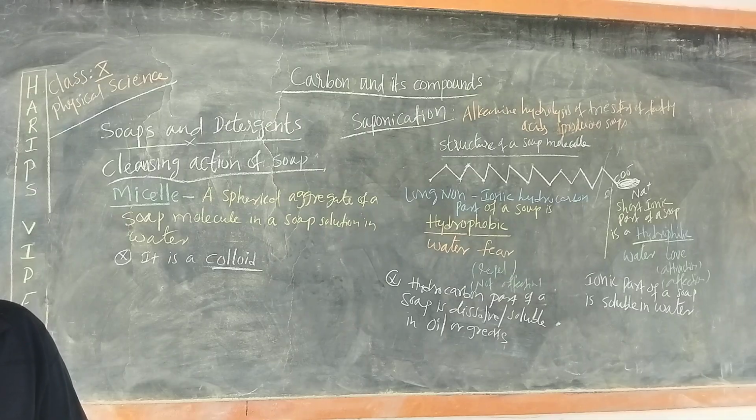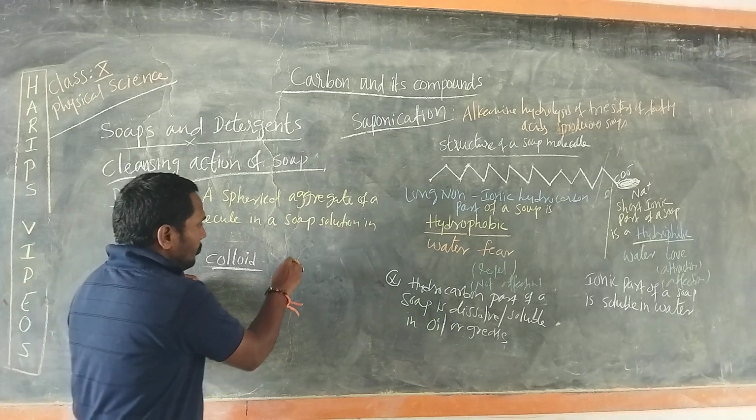With a little agitation, the dirt particles get entrapped by the soap micelles and get dispersed in water, due to which the soap water gets dirty and the clothes get clean.